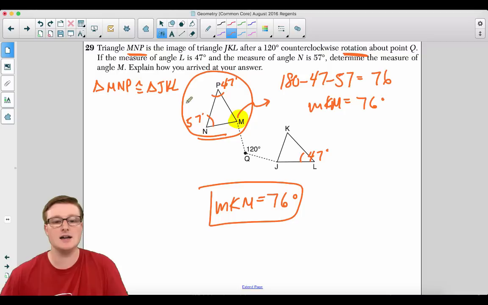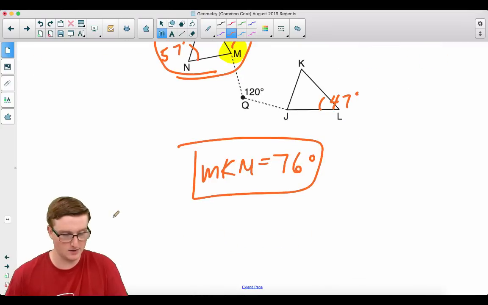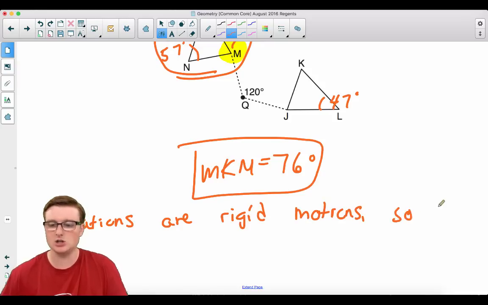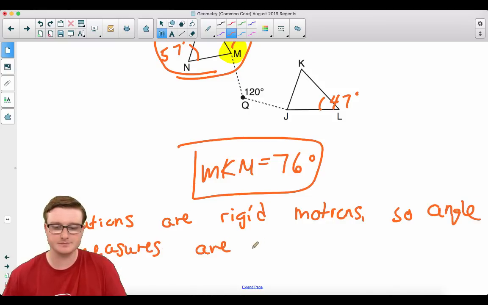Now it says here, explain how you arrived at your answer. So you need to state something along the lines of this. Rotations are rigid motions. So angle measures are preserved.